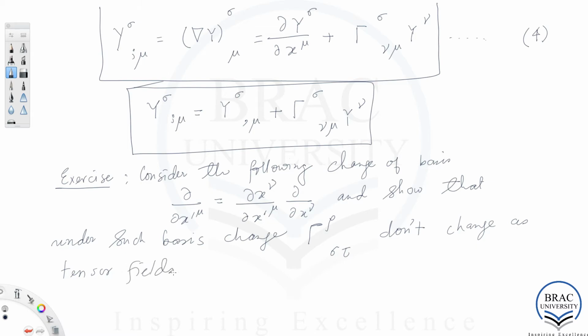In other words, these are not 1, 2 tensor fields as they appear to be. This was one of the questions in the last pop quiz. Okay, but you got to prove it now. Okay, so let me erase everything.